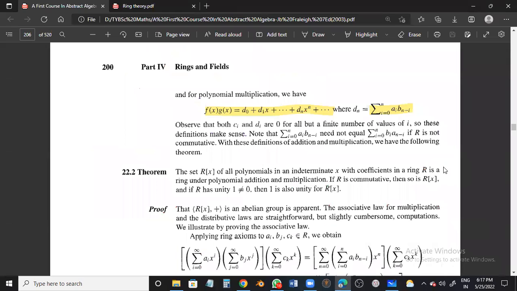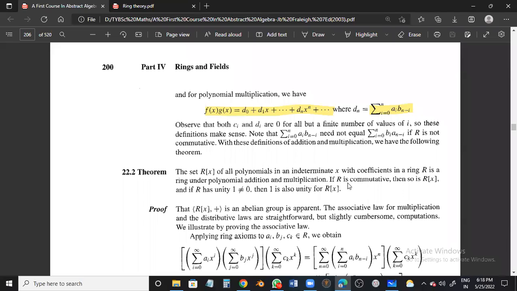And what we observe is that the set of all polynomials with coefficients from the corresponding ring forms again a ring. Now the set R of x of all polynomials in an indeterminate x with coefficients in a ring R is a ring under polynomial addition and multiplication.